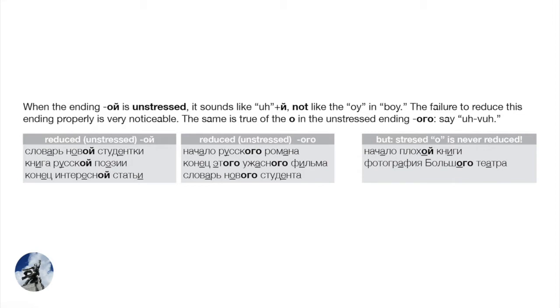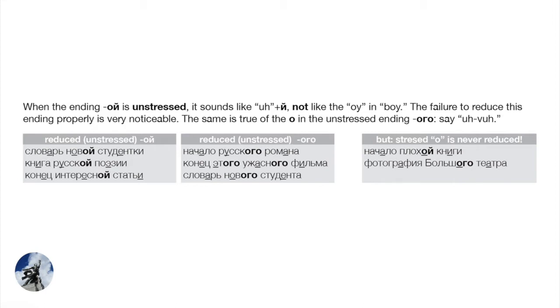Okay, the end of this terrible film. Конец этого ужасного фильма. So этого ужасного and not этого ужасного or something like that. Словарь нового студента, the dictionary of the new student, or again, we could say in English, the new student's dictionary.